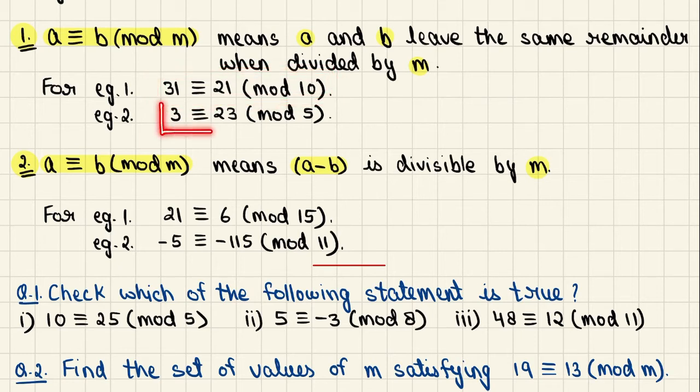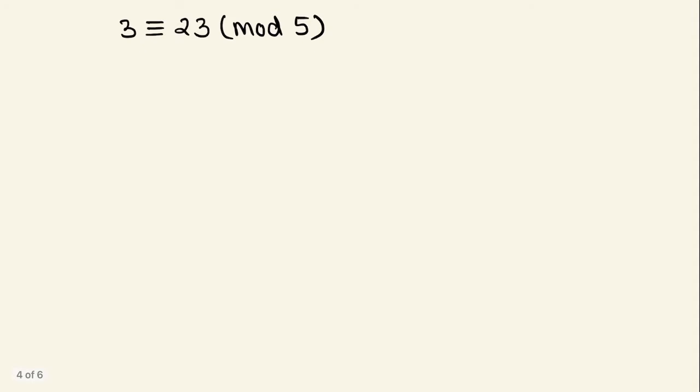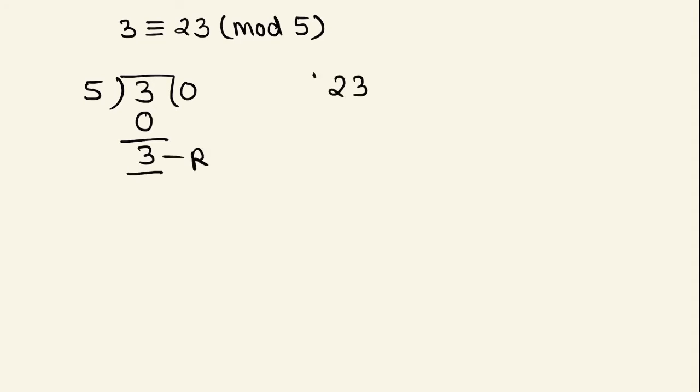Let us check for the other one. 3 is congruent to 23 mod 5. Now when you divide 3 by 5, see what is the remainder. 5 into 0 is 0 and you are left with 3 as remainder, and when you divide 23 by 5, 5 into 4 is 20 and the remainder is 3.